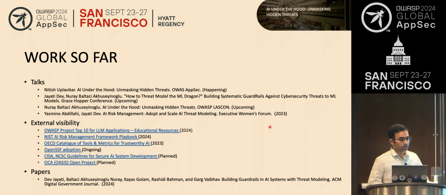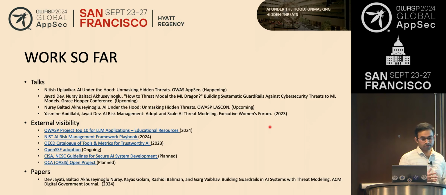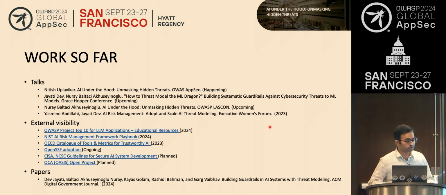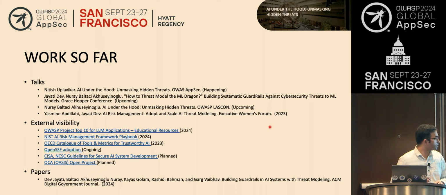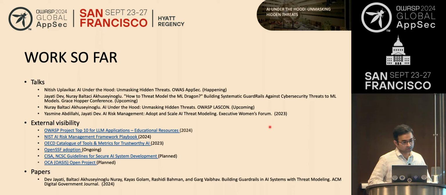Guardrail was mentioned in the OWASP Top 10 for LLM applications. It was also mentioned in the NIST AI Risk Management Framework Playbook. It is also referenced in the OECD catalog of tools and metrics for trustworthy AI, and so on. We also managed to get a paper out of this work, as shown below.